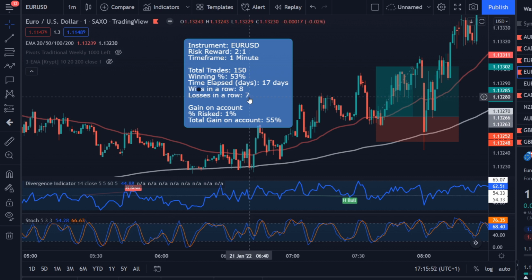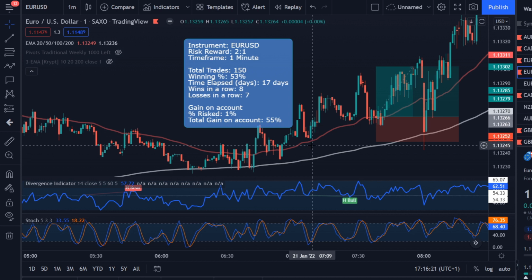And I risked 1% per trade, and the total gain on my account was 55%, which means that this trading strategy is profitable. And I have to say that of course we are looking at the 1 minute time frame, so you have to act quite fast, and you basically have 1 minute to execute this trade, because every candle is 1 minute.